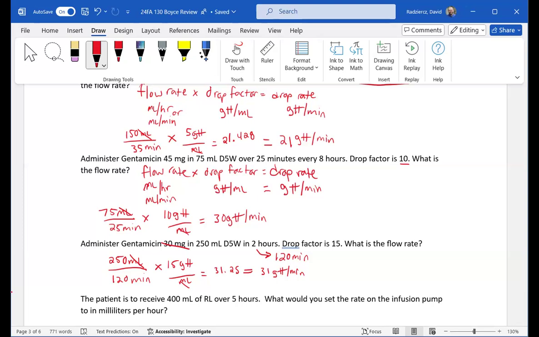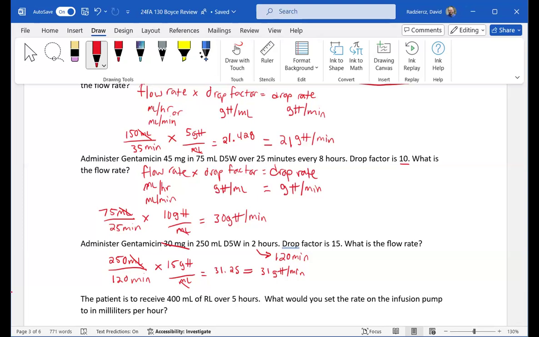That at least lets you know where things should be, even if you just leave it as 75 over 25 times 10, however you're setting that up. But just remember, if you're doing ordered over have or desired over have or order available, whatever it is, it may not work exactly the way you want it to with flow rates. So you just got to practice it, make sure you have it down.